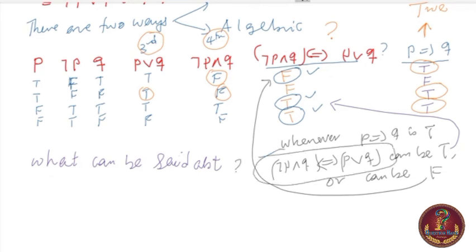So it can be said that this proposition can have both possibilities. It can be true or it can be false. So using this tabular method, we can show that whenever P implies Q is true, our compound proposition may be false or it may be true. So this is how you can do it using a table.